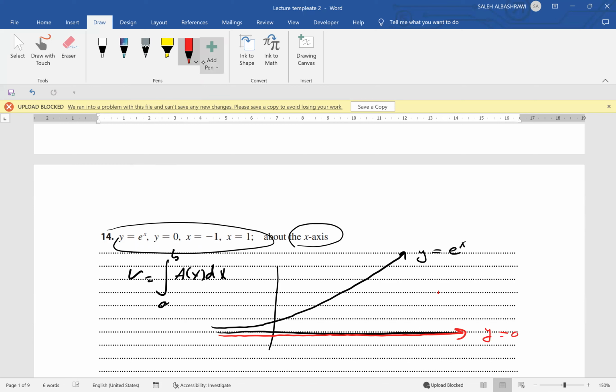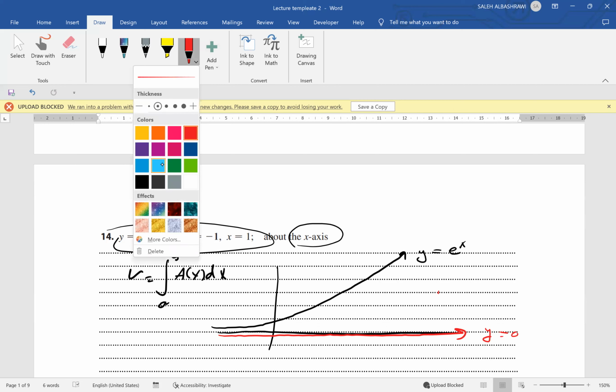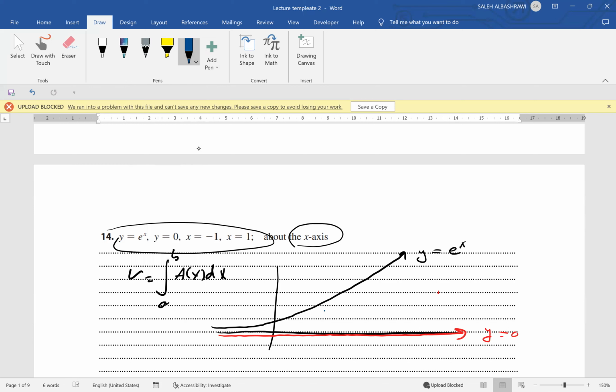Also we have x equal to -1 and x equal to 1. So I need to find the volume of the solid obtained by rotating this area. This is my R.